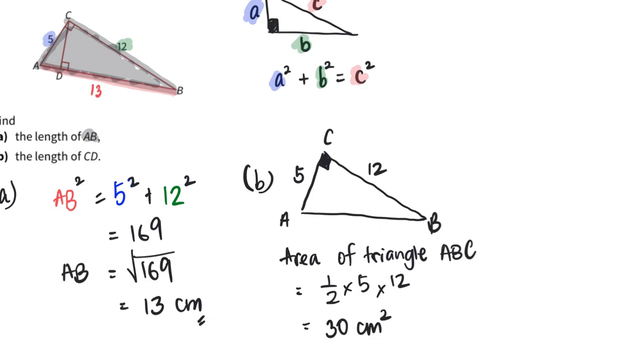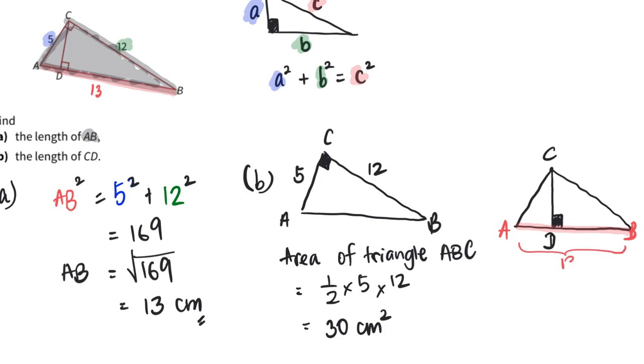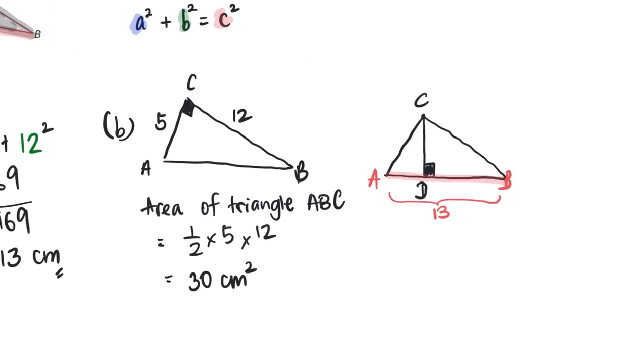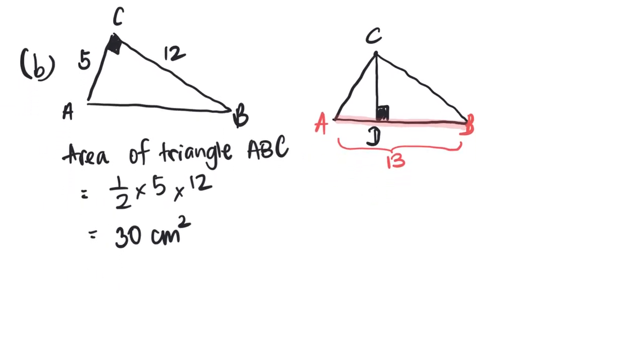Well, that will help me also, because I know that for the same triangle, this is my C, this is my D, which we will need to find. I also know that this whole length, which is my A and B, is 13. So my focus now changed to this already.